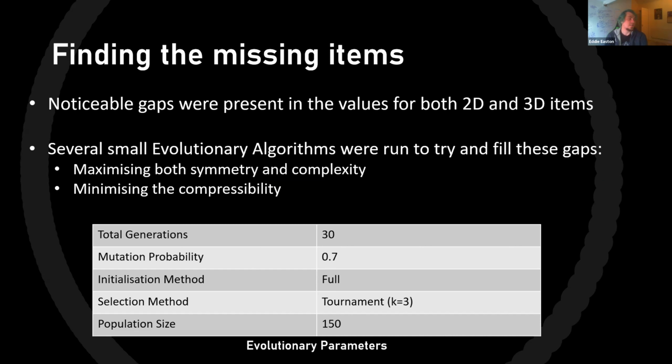We maximized the symmetry and complexity, and additionally minimized the compressibility for both the 2D and 3D items. What we can see is the evolutionary parameters at the bottom of the slide. One thing you can notice is we only performed a small number of generations for each of these runs. Really this is just trying to get an indication of what the cause of the issue may be.